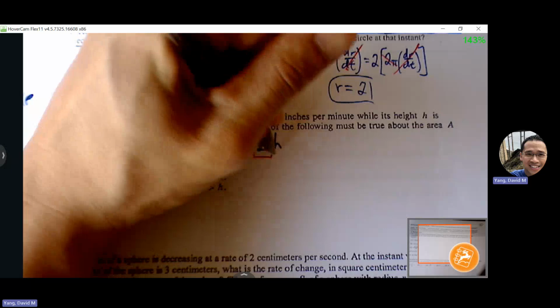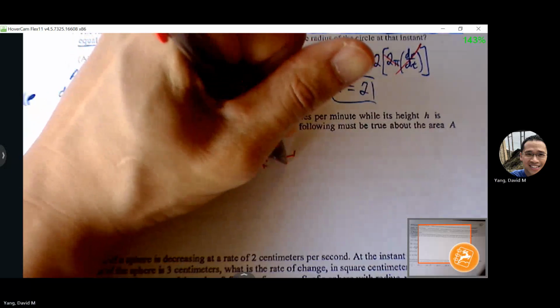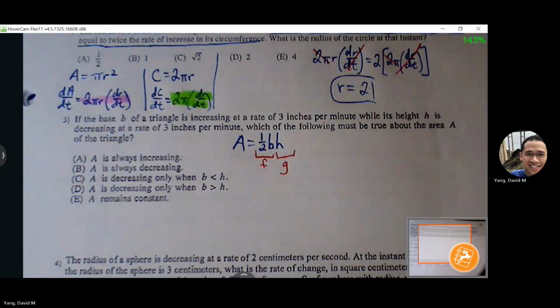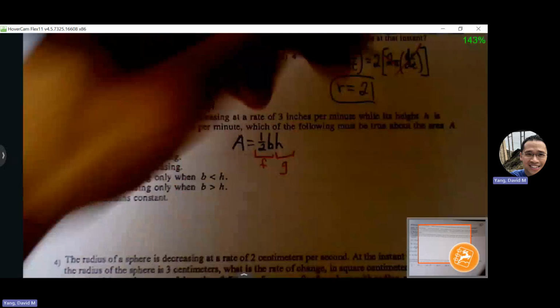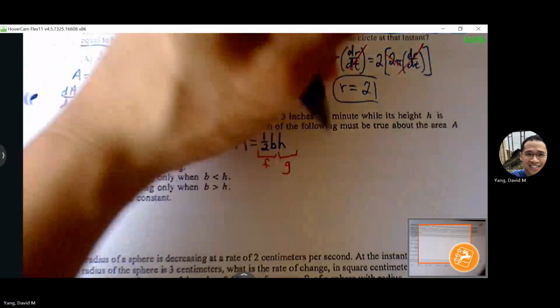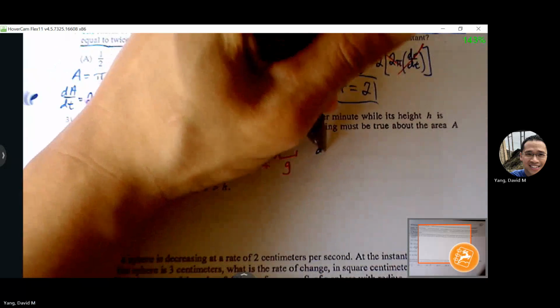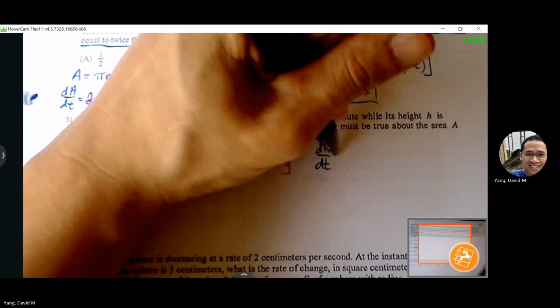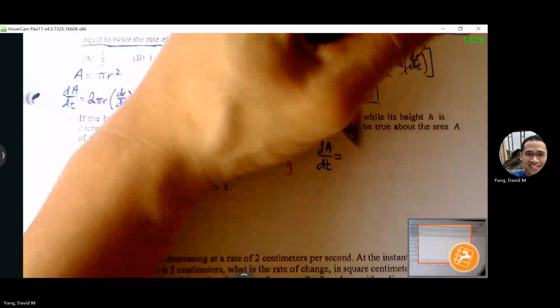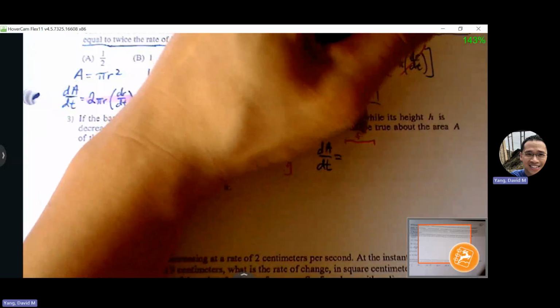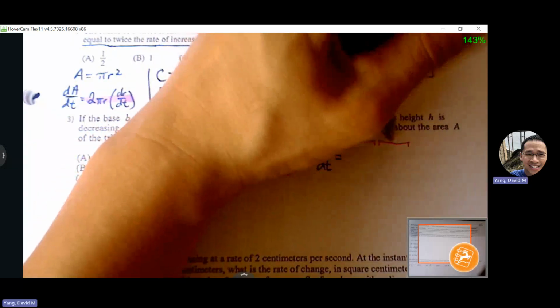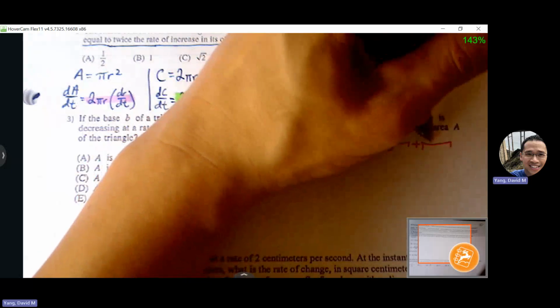So let's see if we can spell everything out here. So A becomes dA dt, equals f prime g plus f g prime.